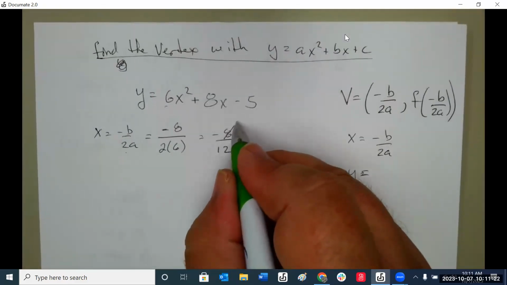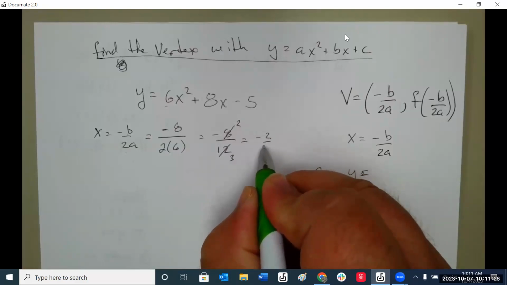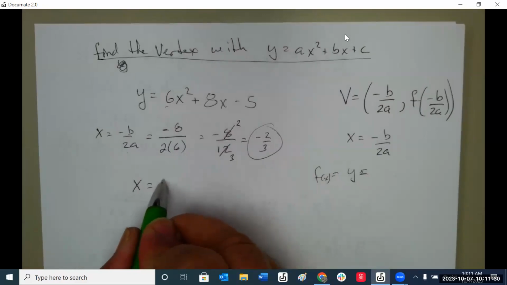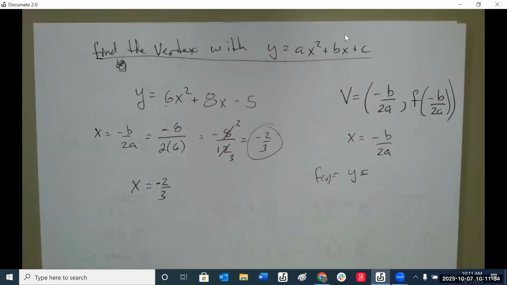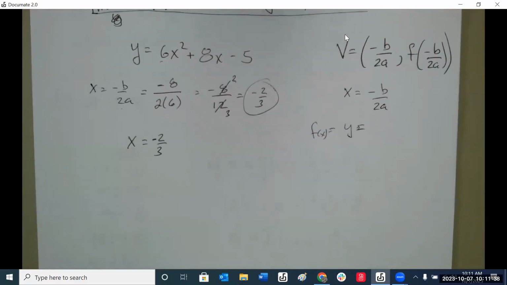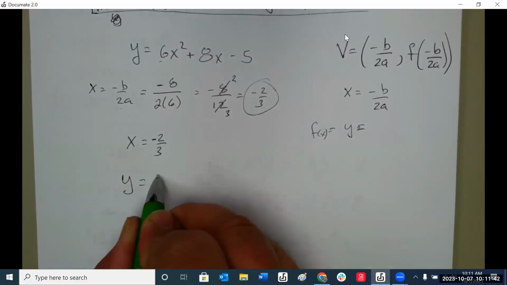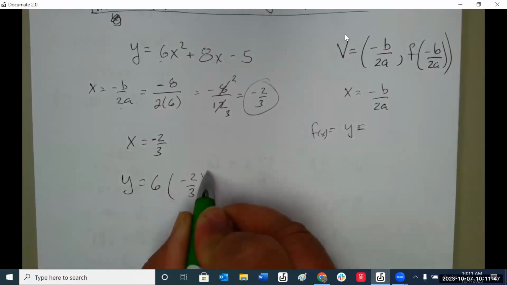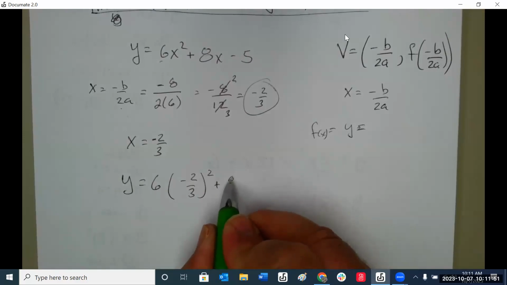They both have a 4 in common. So that's our x value. I should have put more thought into this one because it's going to give us a fraction.